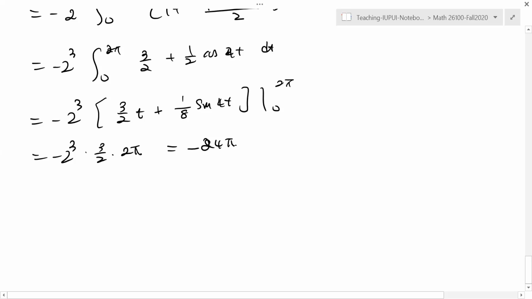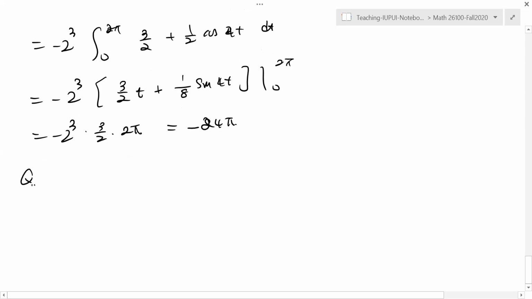But sometimes you can make a closed curve. For example, if I have a C here, and this is going to be x cubed dx plus y cubed dy.